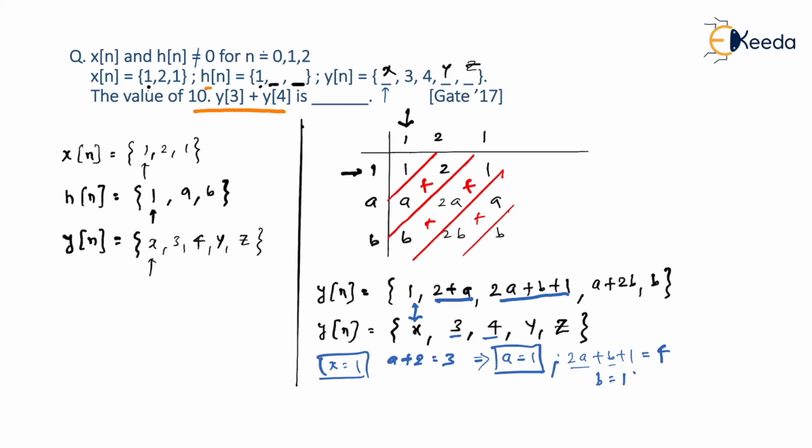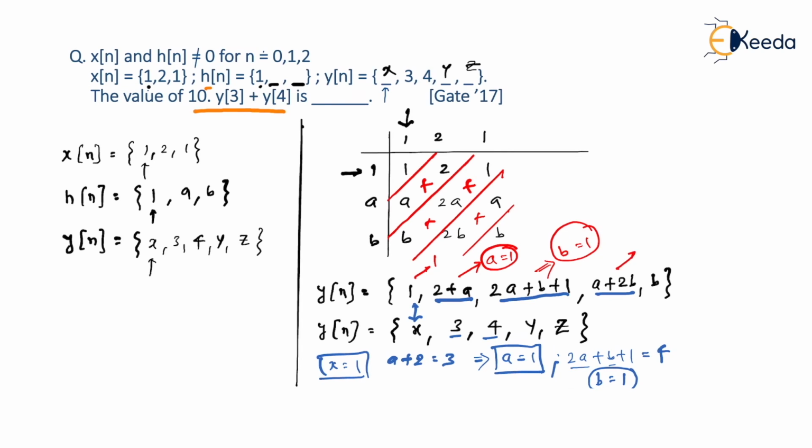So b is equal to 1. Finally, the value of a is equal to 1, and b is also equal to 1.